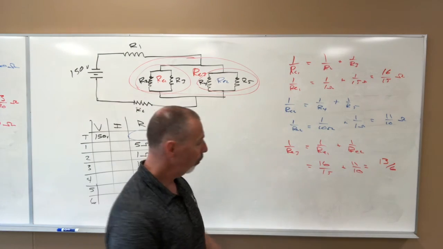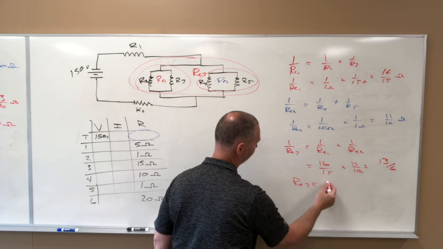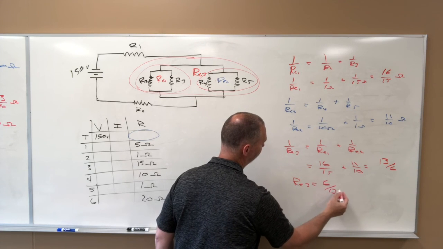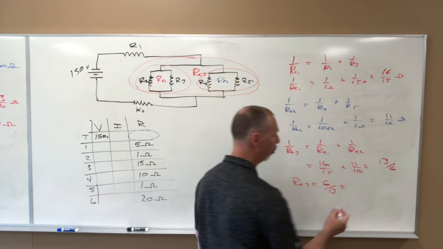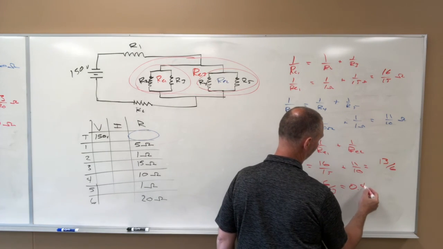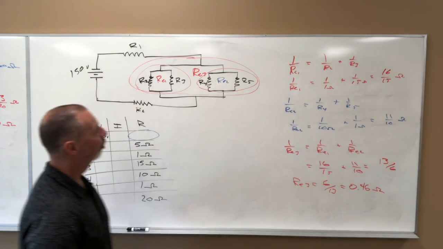We're going to flip that over, and we get RE3 equals 6/13, or as a decimal, which is what we need here, 0.46 ohms. Okay, so that's that.